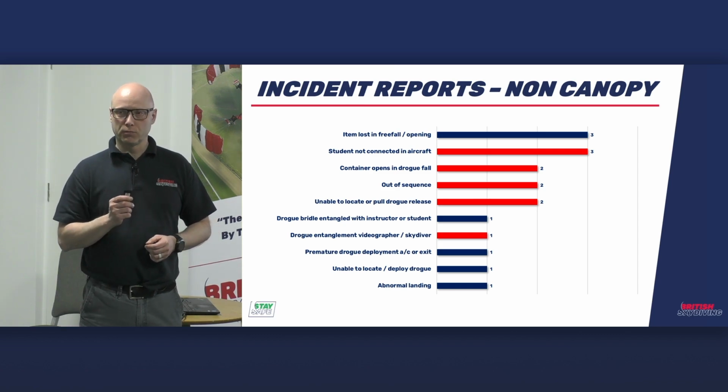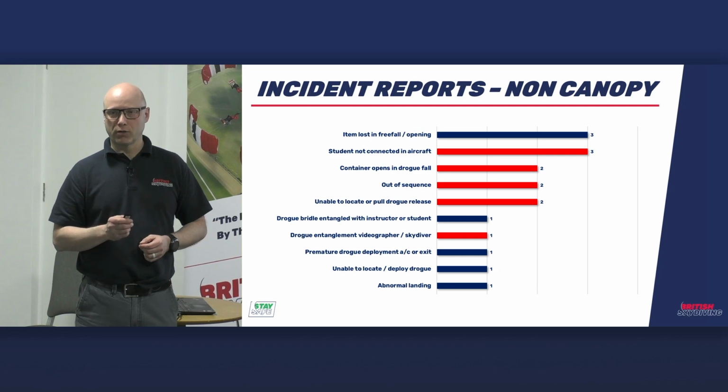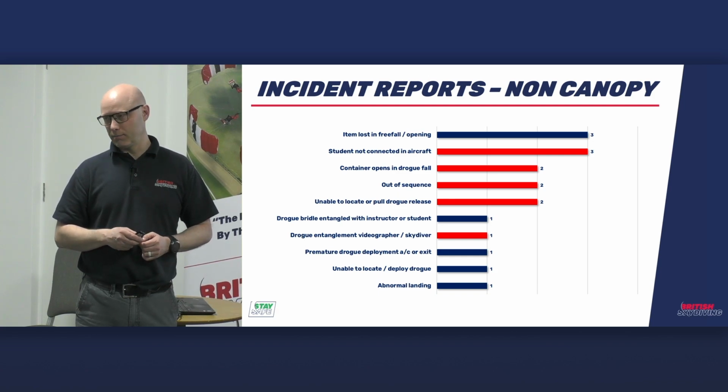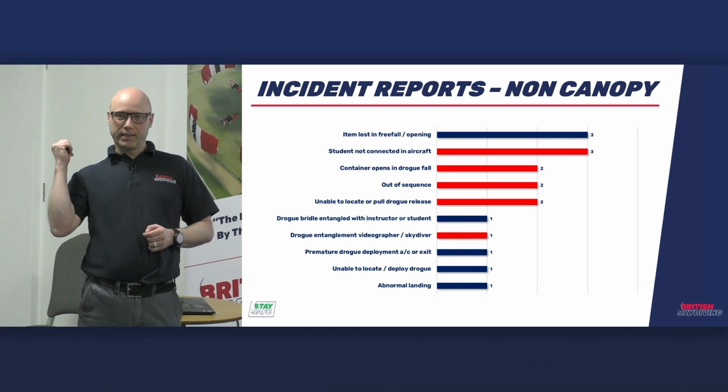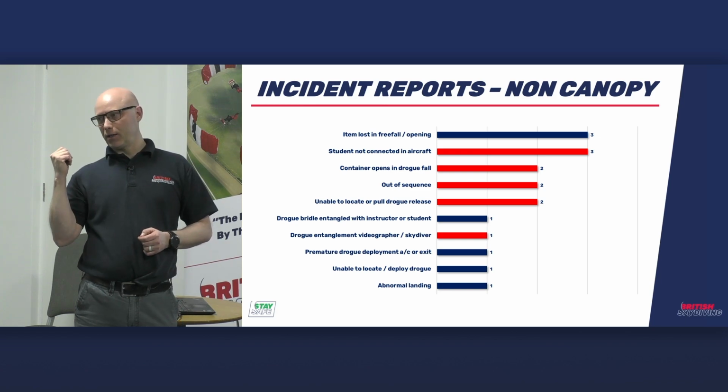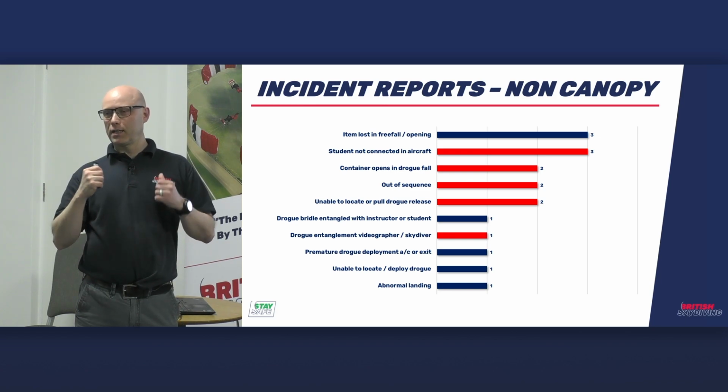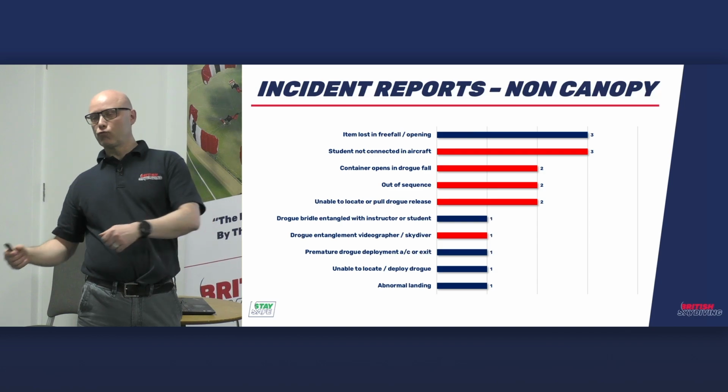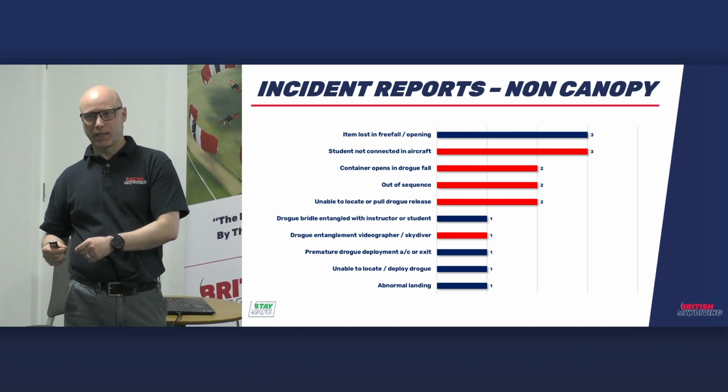Now, one of those was deliberate, where an instructor deliberately disconnected a student because the student behind him, their shoe became untied, and they unclipped themselves so that they could reach back and help the student tie their shoelaces.